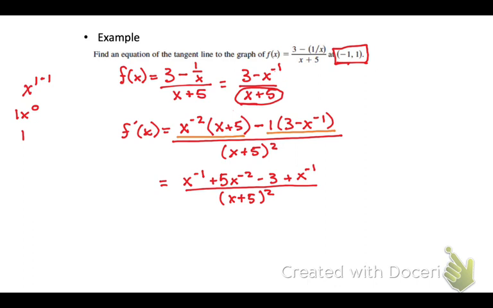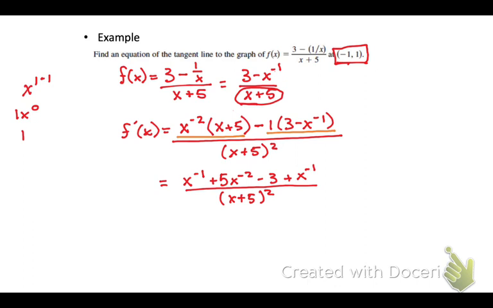I've got to get them all on the bottom. So I need to think about what I'm going to factor out that will make all of those negative exponents positive. X to the negative 1 would make the negative 1s positive, but it would not make the negative 2 positive, because we'd be subtracting a negative 1, so adding 1. So we have to go with negative 2.